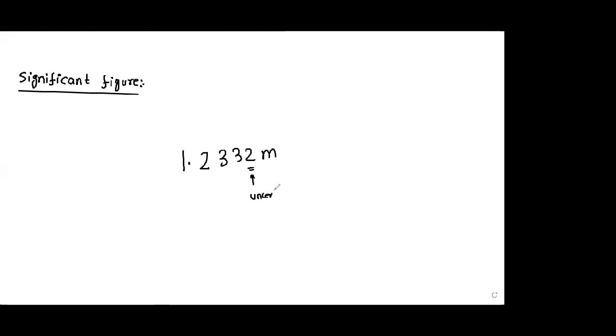You can have error while measuring this last digit. That's an uncertain digit. So this significant figure basically tells you how many significant or certain digits are in your measurement. It gives an idea about the accuracy and precision of your measurement.